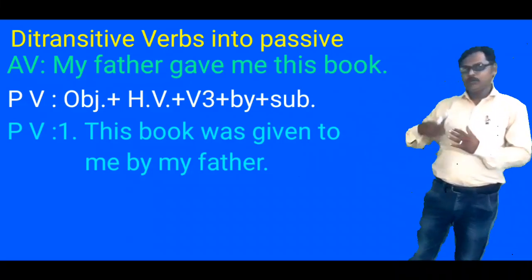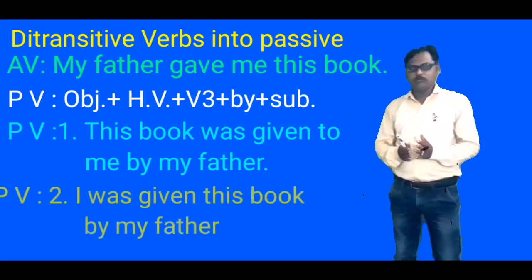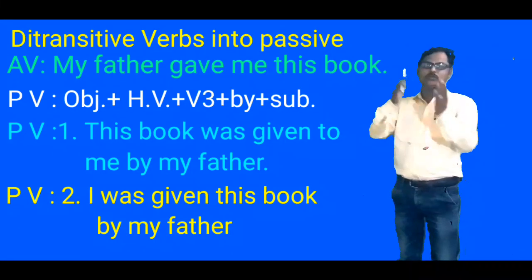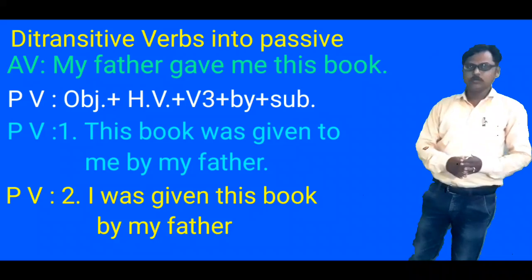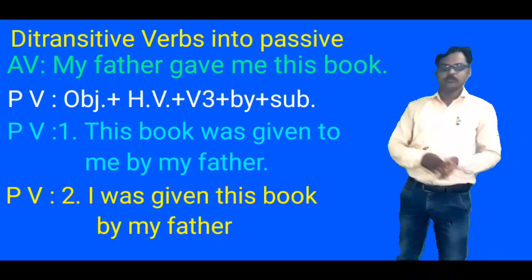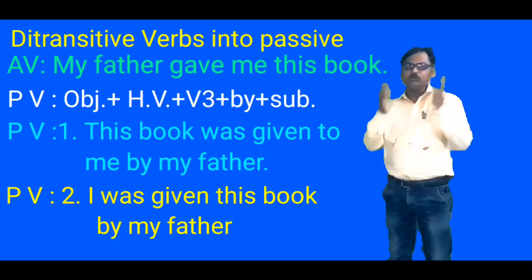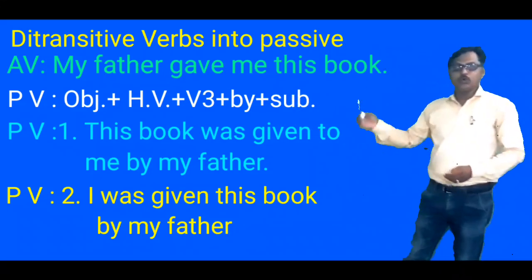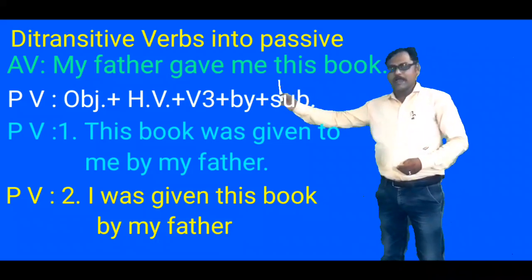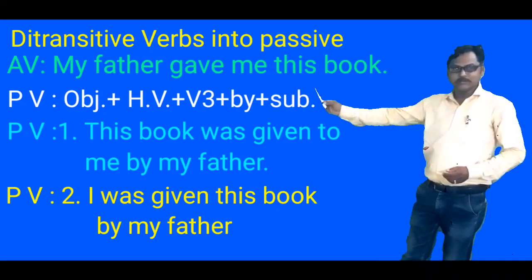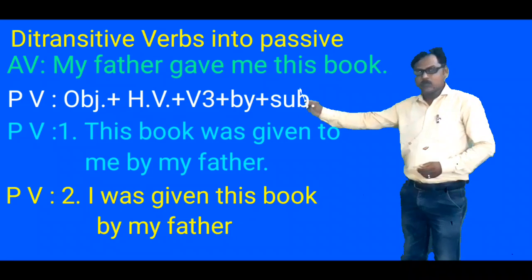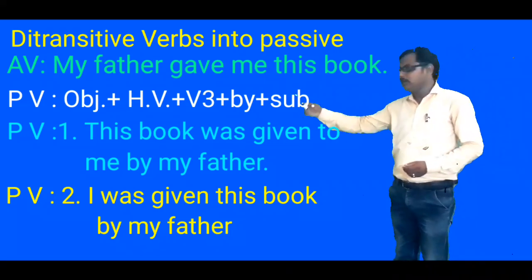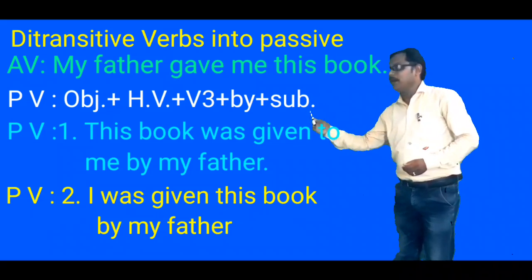Now when we take the second object, that is me, when me comes into the subject position, its form is changed from the objective case to the subjective case, so me is changed into I. So when we take this I, I was given this book by my father.